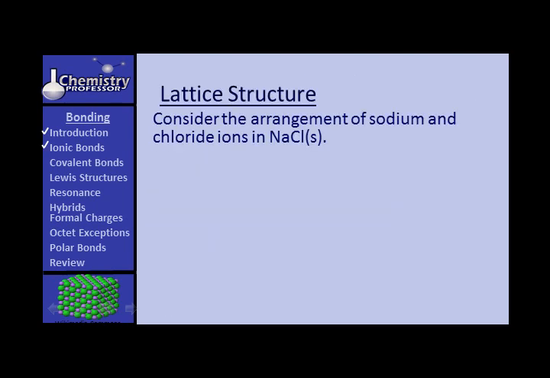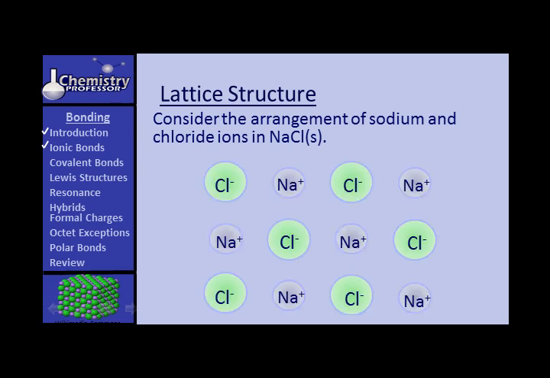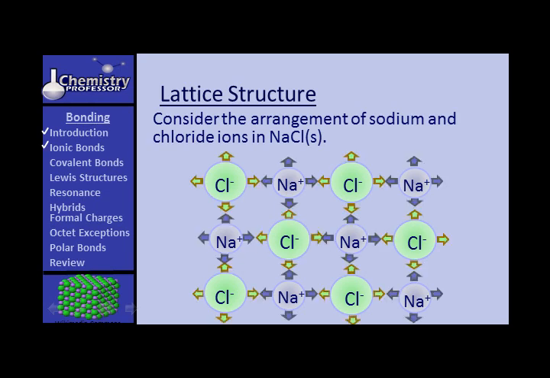Particularly, let's look at the arrangement of sodium ions and chloride ions in solid sodium chloride. And here they are. Now I want you to notice that chloride ions are surrounded by the positive sodium ions, and sodium ions are surrounded by the negative chloride ions. And you'll have to use your imagination and see this in 3 dimensions. Look at the way the forces are exerted.